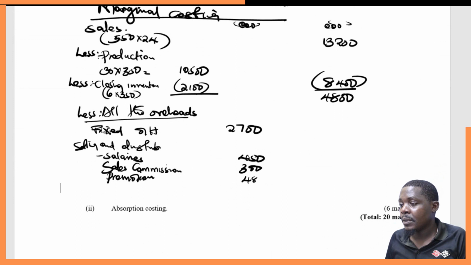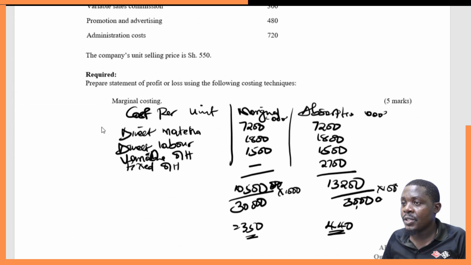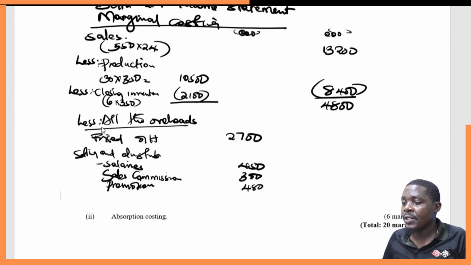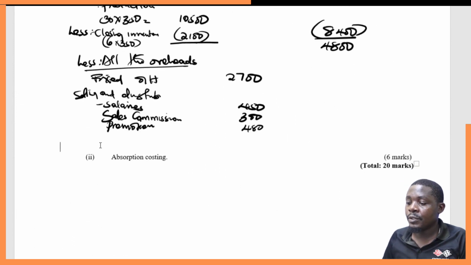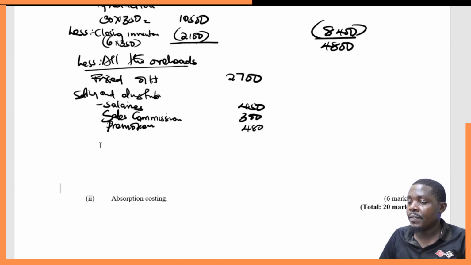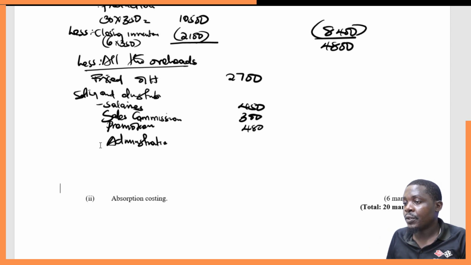Lastly, it was administration cost, which was 720.